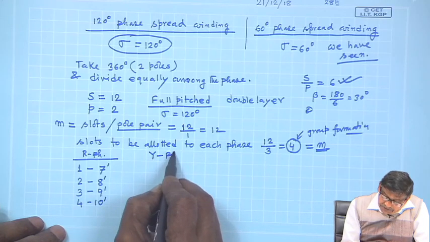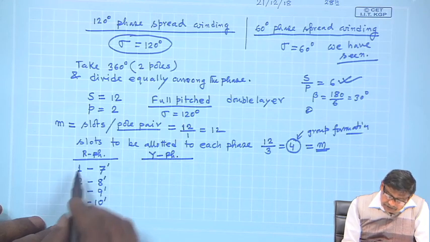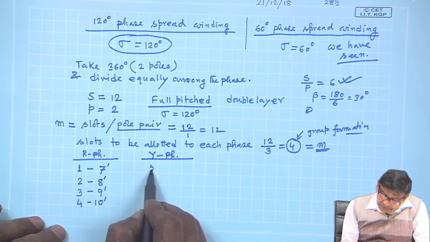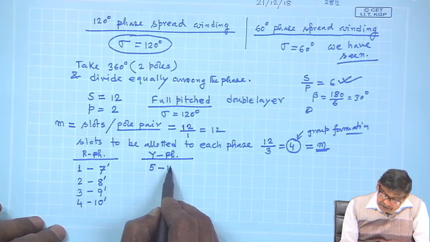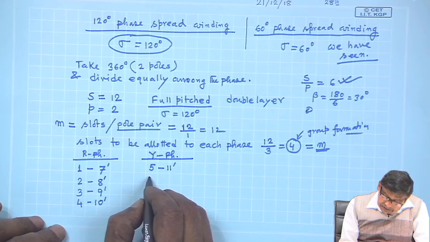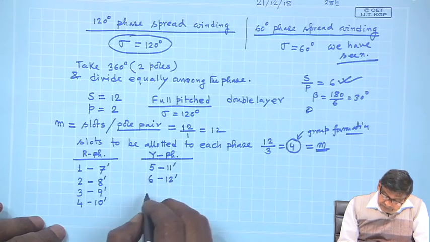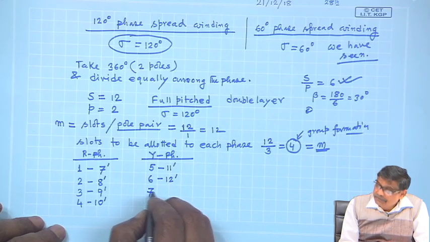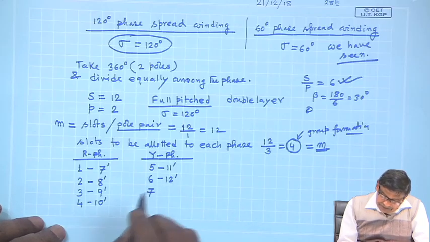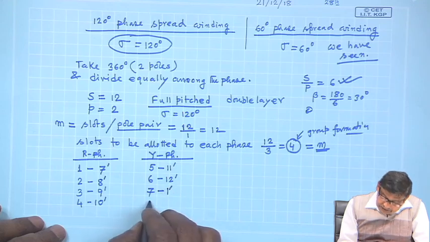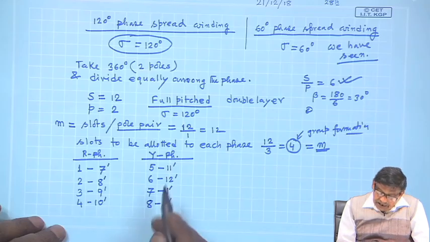Then what should be Y phase? Y phase should be 1 plus 4, 5 and 11 dashed, and then continue 6-12 dashed. If any mistake, point out. 6-12 dashed, 7-1 dashed, and 8-2 dashed, and Y phase is over.